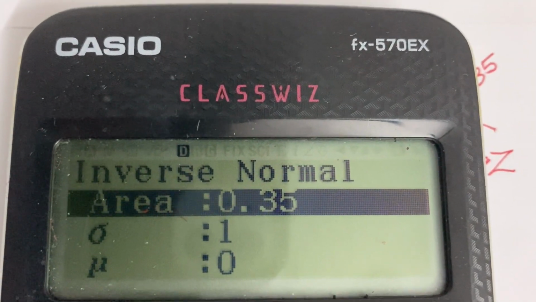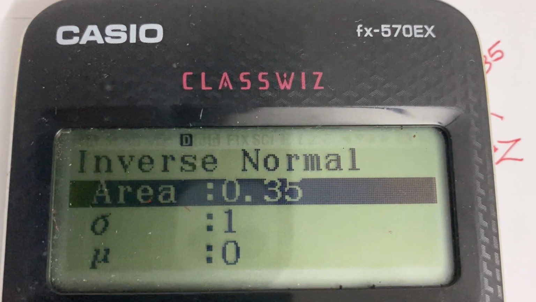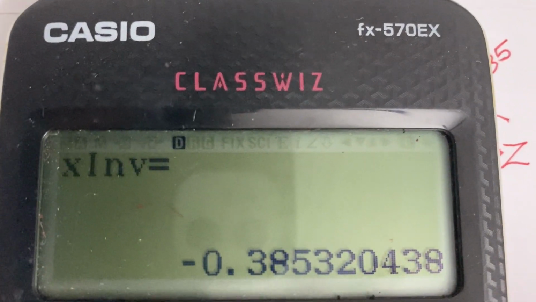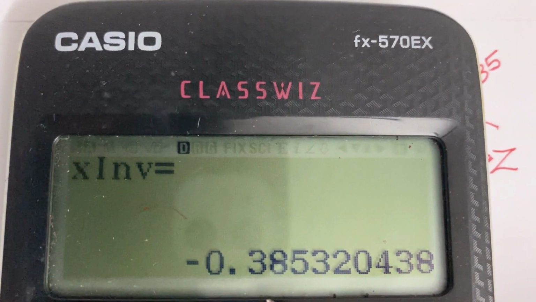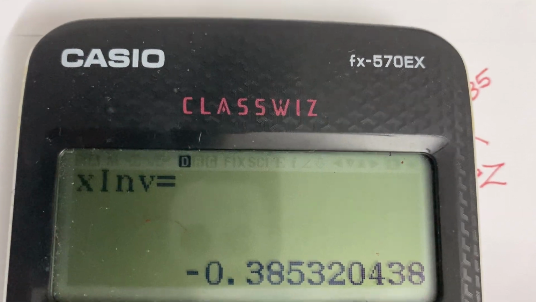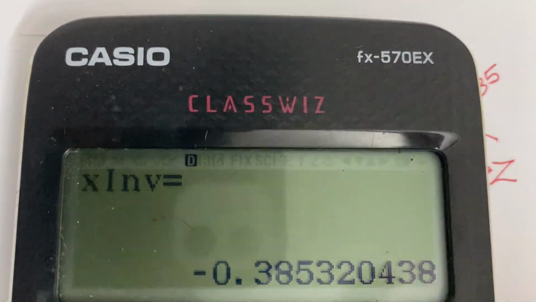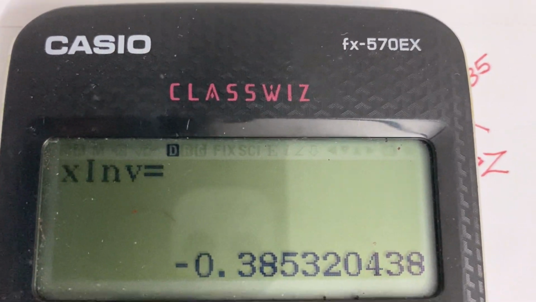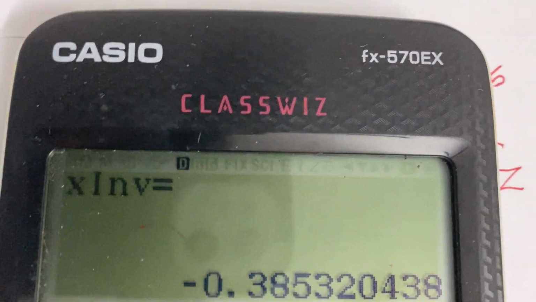For your information, this calculator is skewed to the left. So you'll get the answer negative 0.385 to 0.438. You must always remember that this calculator is always skewed to the left, so your answer will be negative.